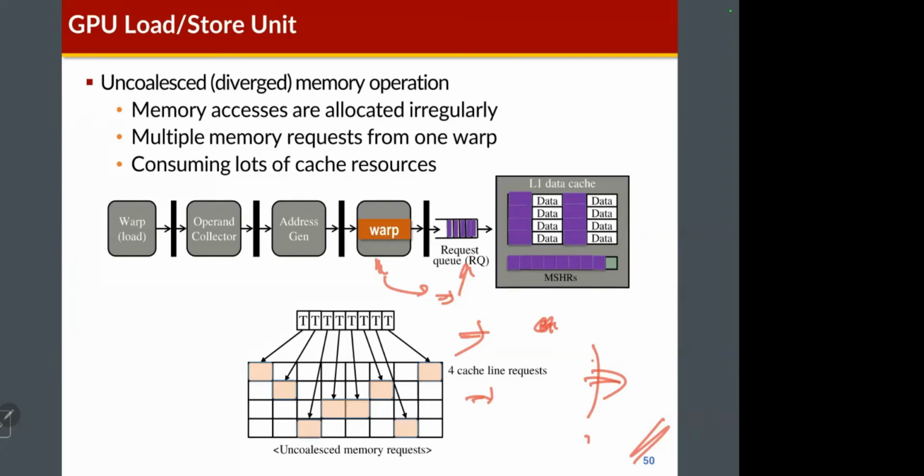This is possible because the GPU uses the SIMT model. From the programmer's side, it looks like each thread runs individually on the GPU. It's an illusion, but this is the programming model of the GPU.